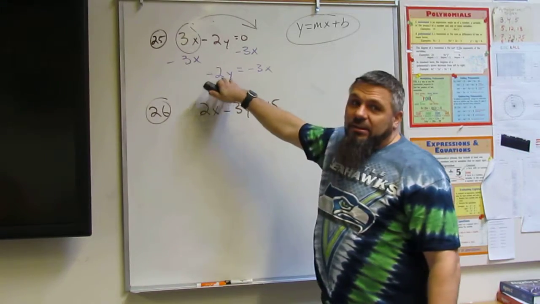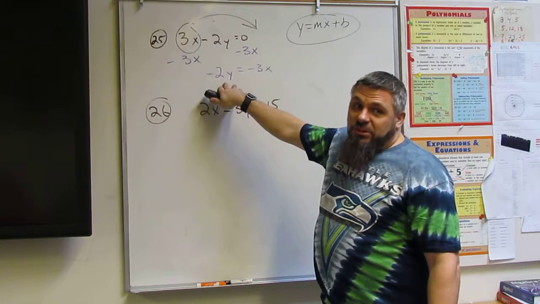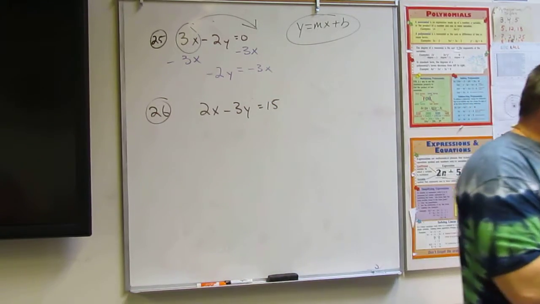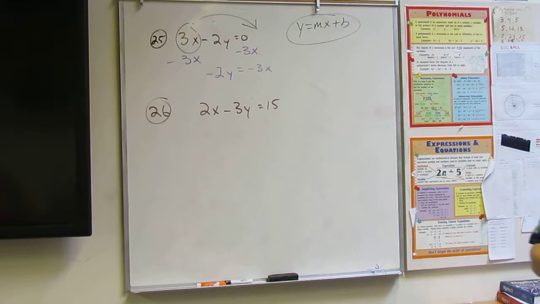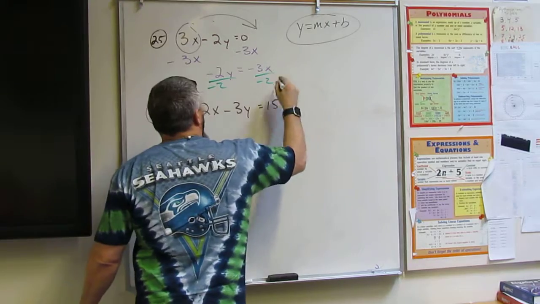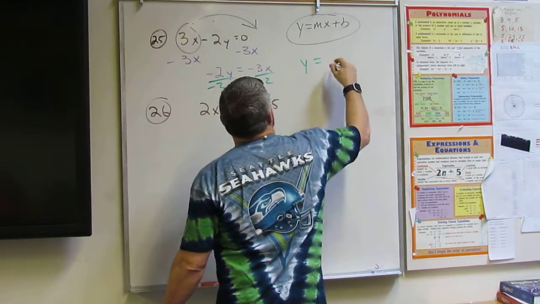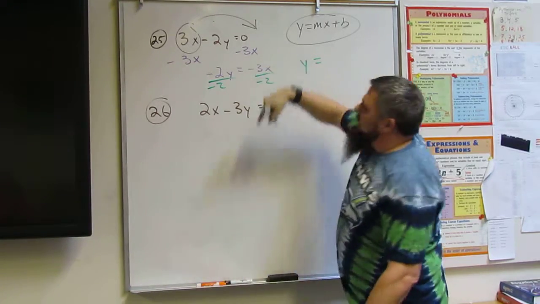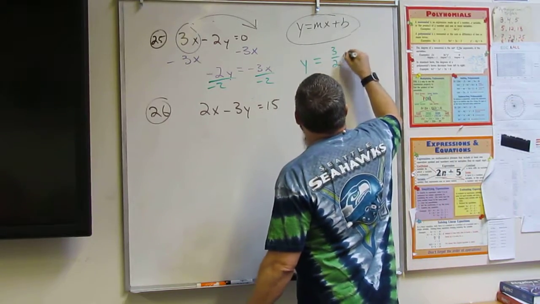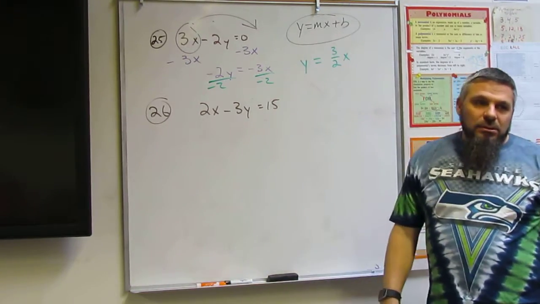And then I've got the negative 2y. So now I got to get y by itself. How do I get y by itself? By dividing by negative 2. So I get y is equal to a negative and a negative make a positive. Perfect. 3 over 2x. Okay?